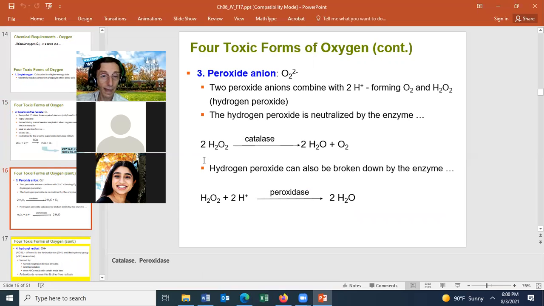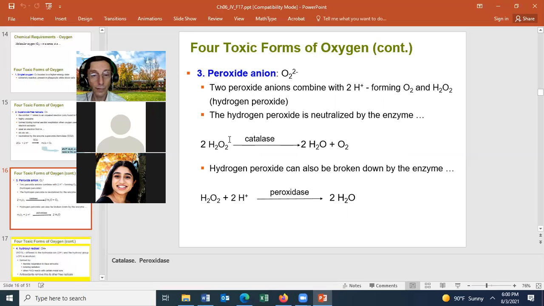Fortunately, our cells have catalase, and this is one way that cells can remove hydrogen peroxide or other peroxides. And catalase will convert hydrogen peroxide into water and oxygen, removing the hydrogen peroxide.